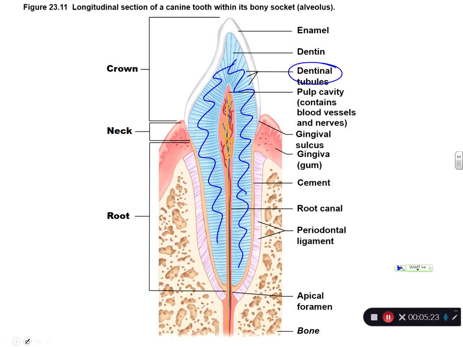The pulp cavity is the deepest part inside of your tooth, and you can see there are blood vessels and nerves inside of that pulp cavity. That pulp cavity extends all the way down, and where it's extending down like that is called the root canal. So that's all the way down there.